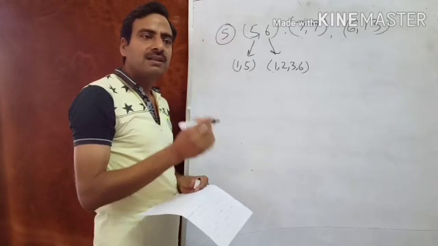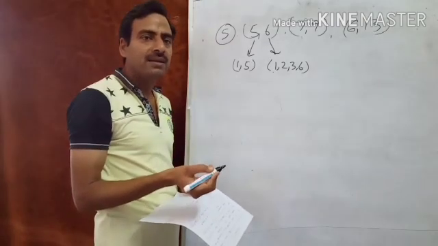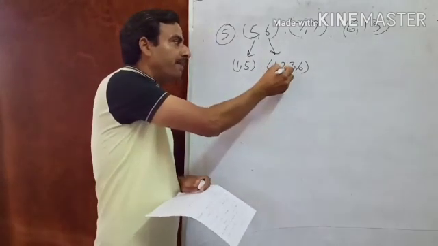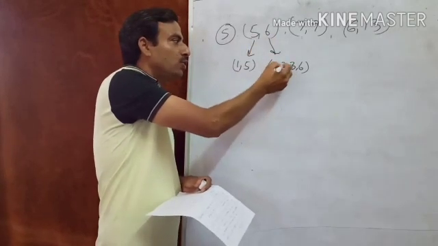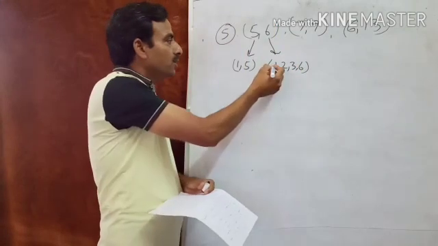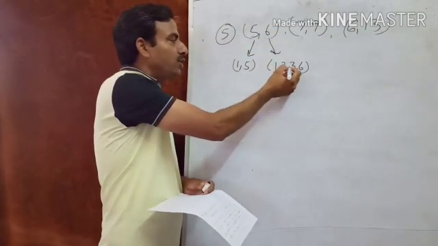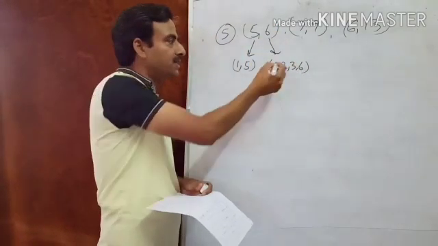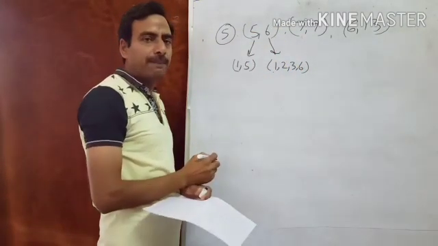Factor means that number will divide those numbers completely. Those are called factors of that number. 6 can be divided by 1, 2, 3 and 6. All these numbers can divide 6 completely.